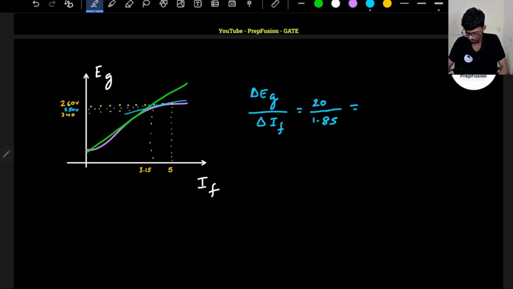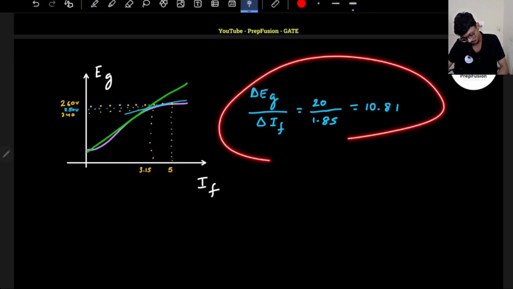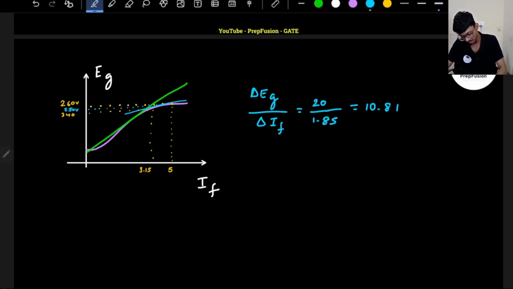So 20 divided by 1.85 is 10.81 ohms basically, I'm not writing the units here. So I know the slope, and I know a point. The point is 240 comma 3.15. It is just simply a point slope format, so I can write down the equation of the line.